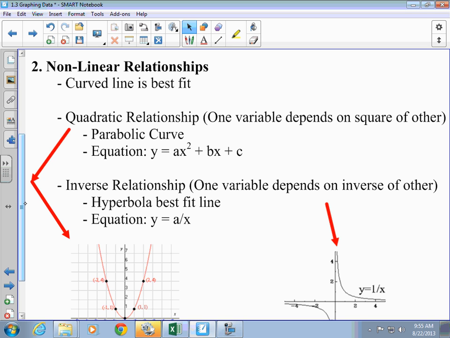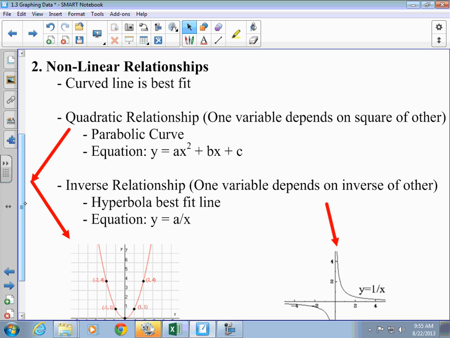While your inverse relationship is on the right side, and that is a hyperbola. That equation is y is equal to a over x. And in a hyperbola, you have both values approaching infinity if you go outwards.